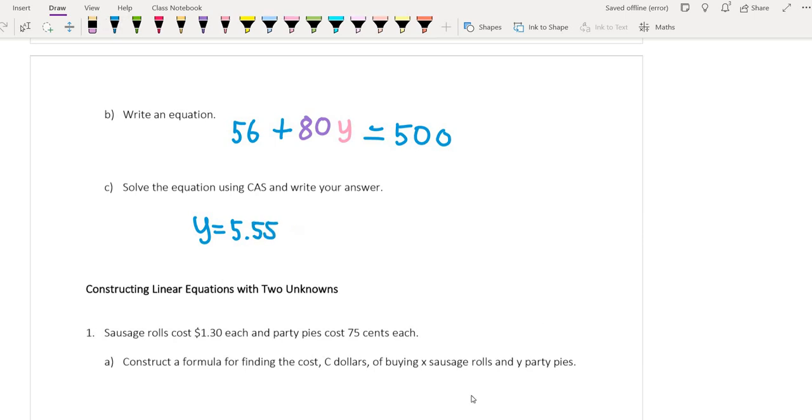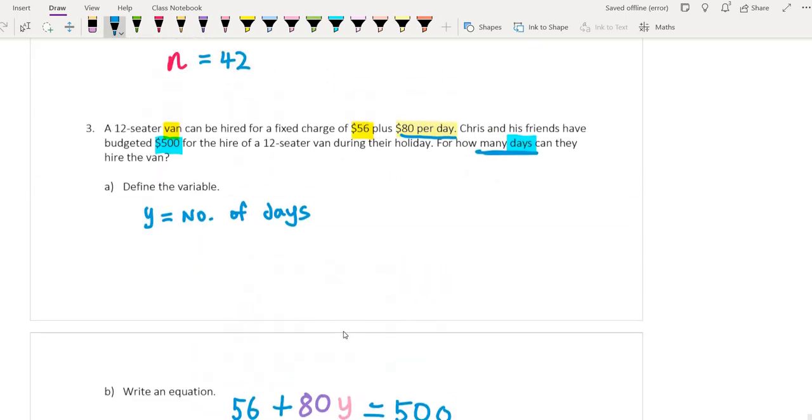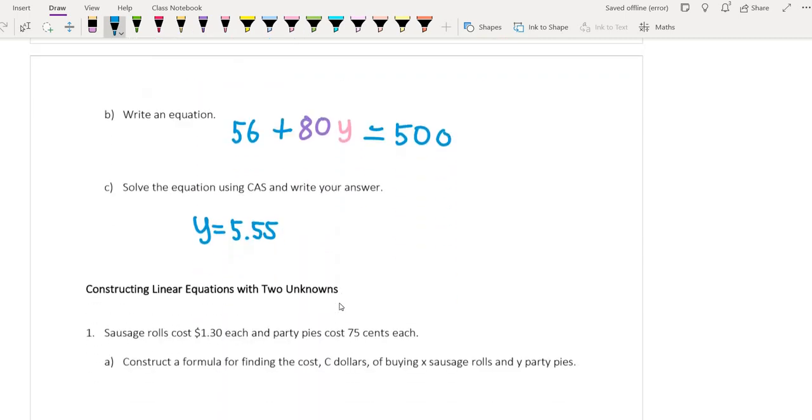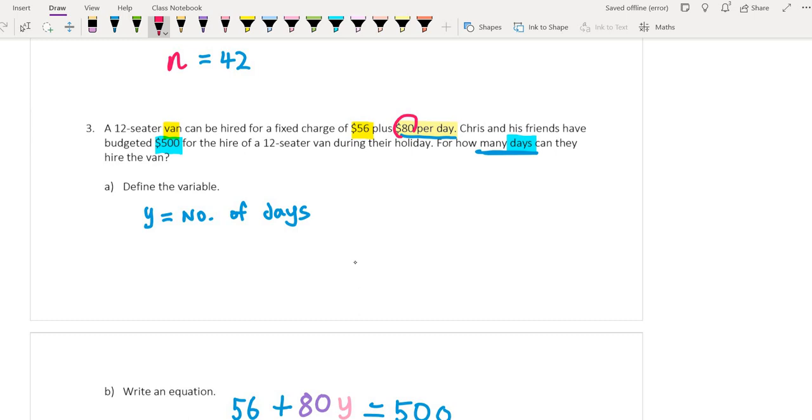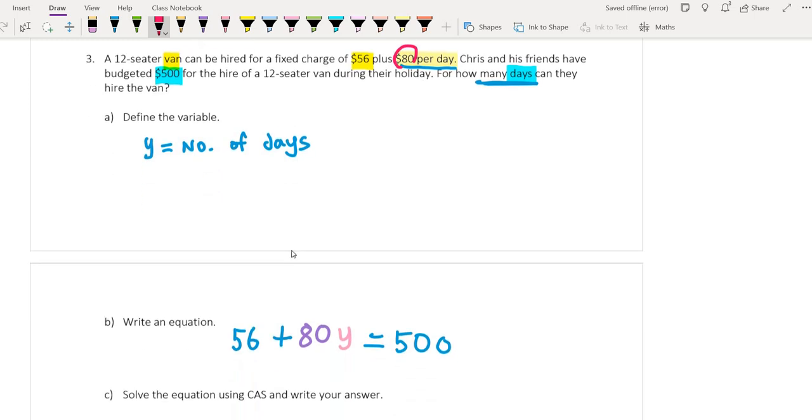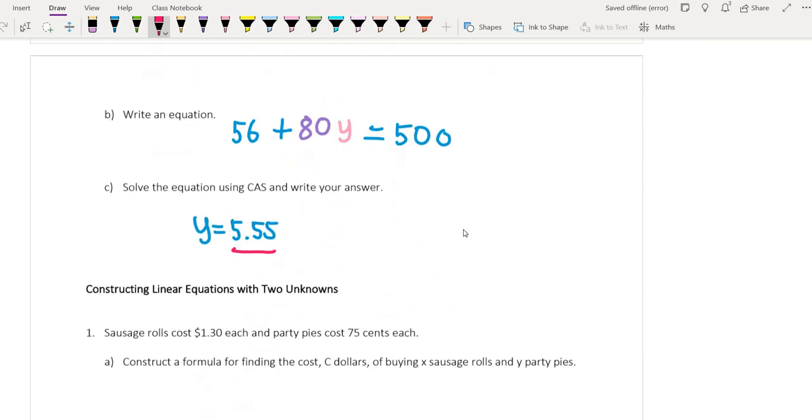So then a question like this, where it has a lot of context, we need to think about what this number represents. So this is number of days, and we know every day gets charged $80 per day. And as far as we know, we can't hire this van for like half a day. This means that we can, yes, hire this van for 5 days, but we can't really do 6 days because the answer that we got is 5.55.